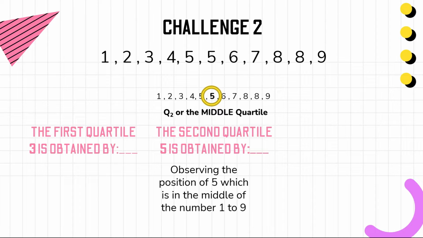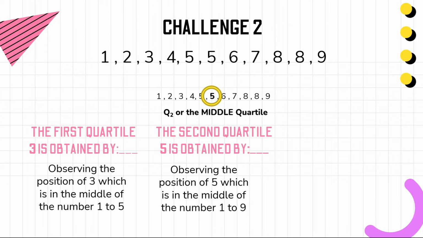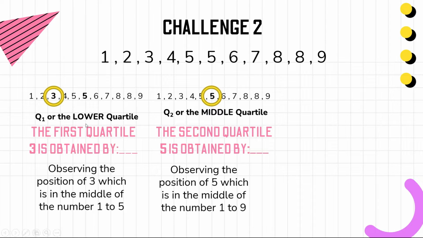We obtain that by observing the position of 3, which is in the middle of the numbers 1 to 5. Looking at our illustration, from 1 to 5, the middle number is 3. This 3 is considered our Q1, or our lower quartile.